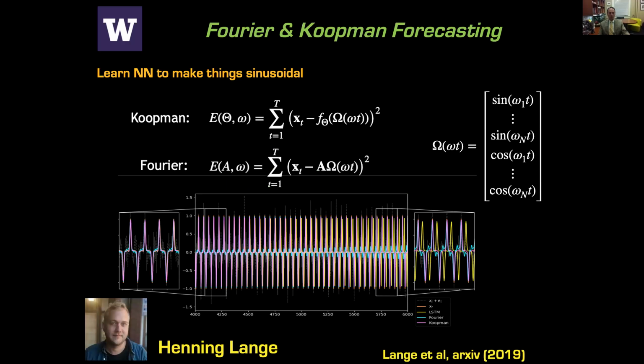So here's what we were doing with Henning Lange. There's Henning right there, a postdoc working with me. We were basically saying that one of the great tools we've had in the past is Fourier to forecast. In other words, just do a Fourier decomposition of a signal and you get some interesting information.